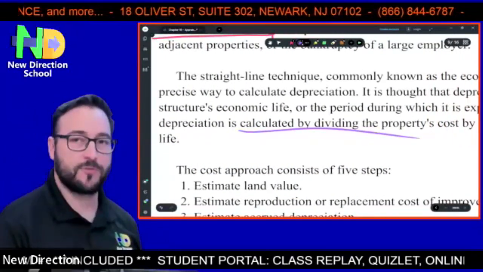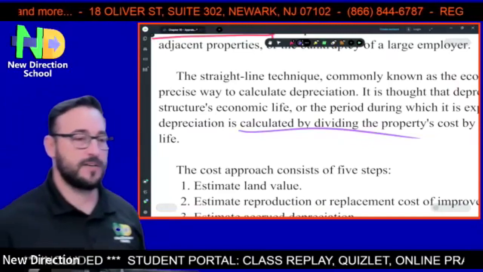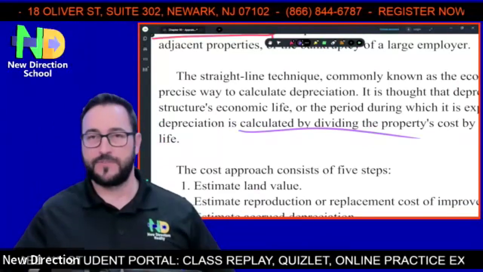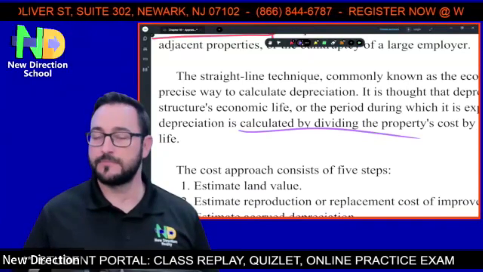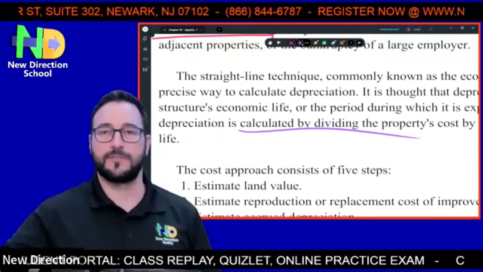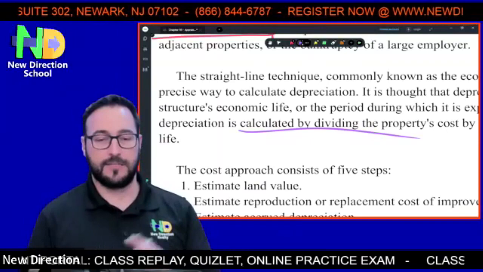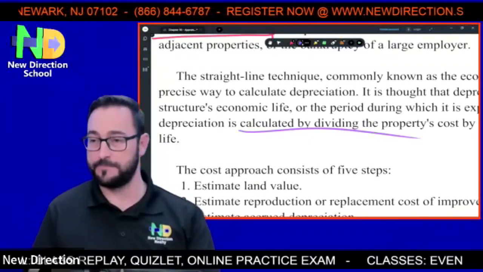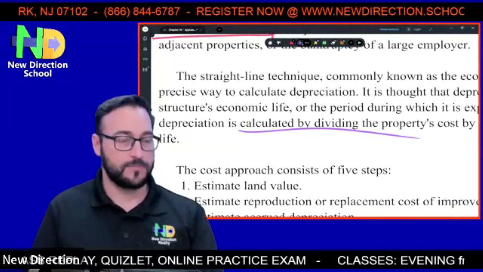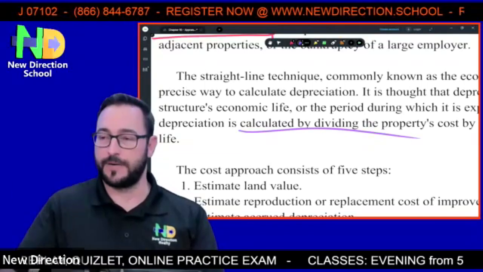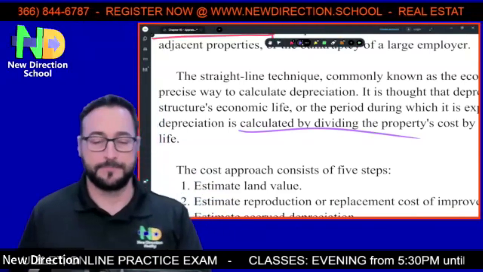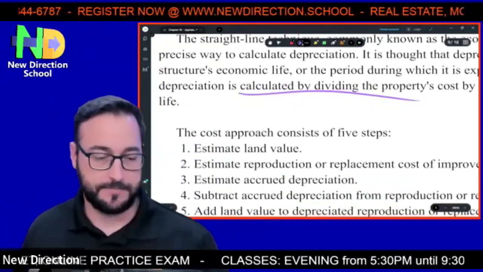For instance, if you have a roof and it costs you $15,000 and they give you a 30-year guarantee, what do you do? $15,000 divided by 30 years. And that's how much you lose every year in value. That's why it's called a straight line. It's not the most effective way to calculate it, but it is the easiest one. So every year, 15 divided by 30, every year I'm going to lose X amount of dollars in value. Okay. That's what it says.